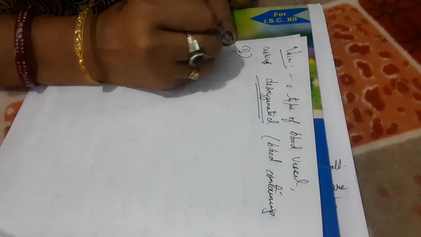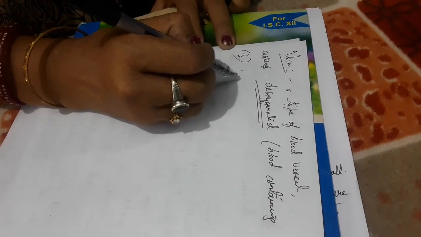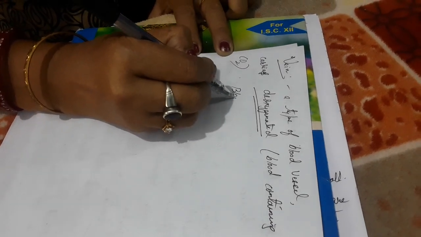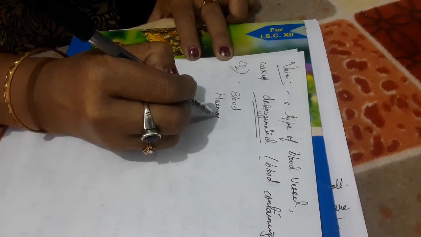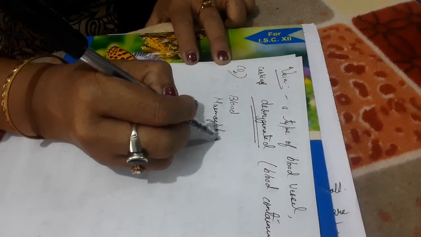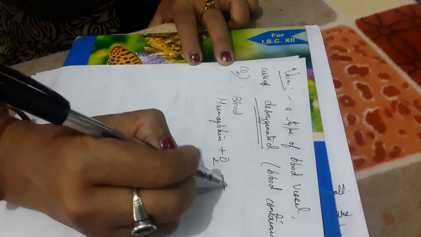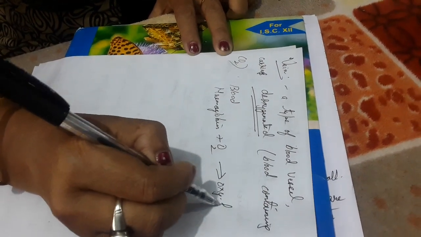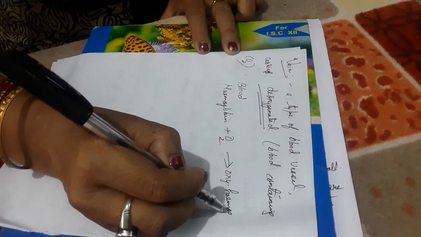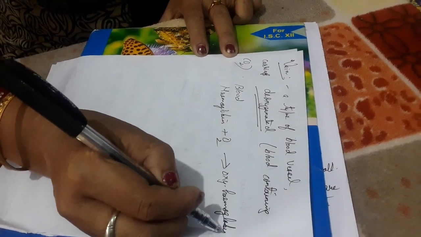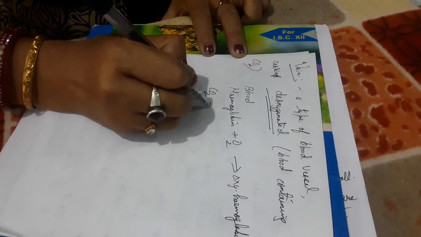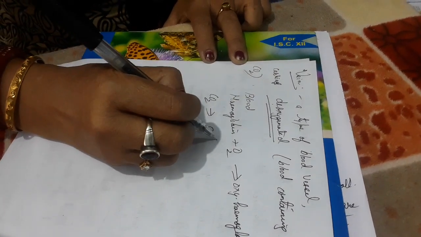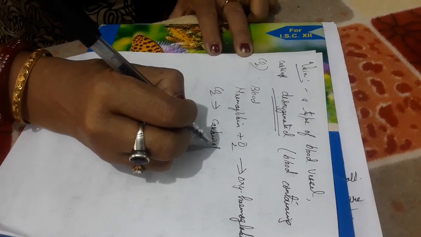We had discussed that the blood can carry oxygen, that is the hemoglobin carries oxygen in the form of oxyhemoglobin, as well as some amount of CO2 is also carried in the form of carbinohemoglobin.